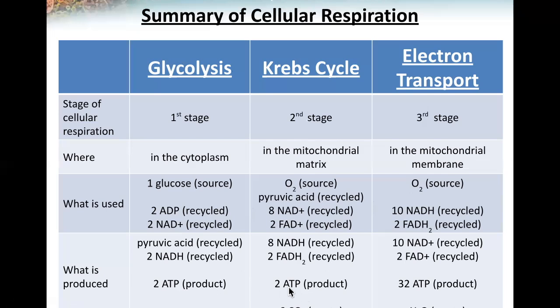In the Krebs cycle, 2 ATP, and also 6 carbon dioxide. And then 32 ATP for electron transport. That's the product from electron transport, along with some water.